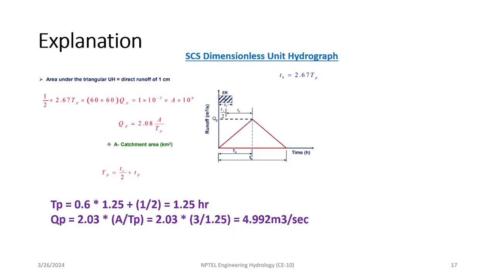So here you can see how this problem can be solved. The area under the triangular unit hydrograph is considered as direct runoff.